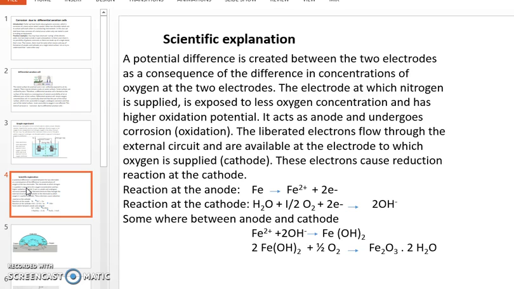The ferrous ions are also mobile, hydroxyl ions are also mobile. The mobility of hydroxyl ions is much higher. Therefore, somewhere between anode and cathode, there is formation of ferrous hydroxide by the reaction between ferrous ions and hydroxyl ions. And this ferrous hydroxide further undergoes oxidation in the presence of oxygen to give you hydrated ferric oxide.